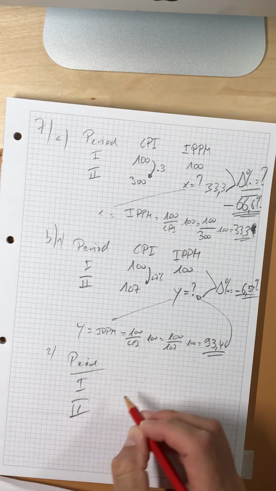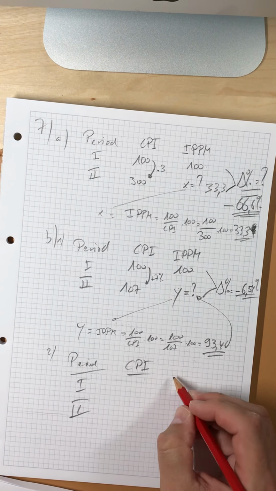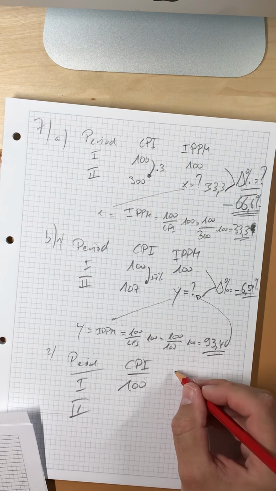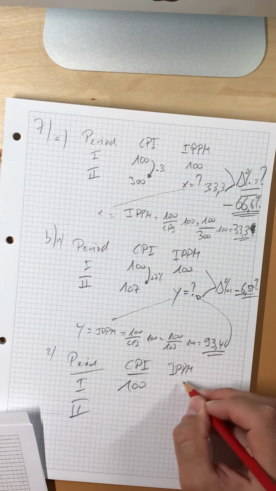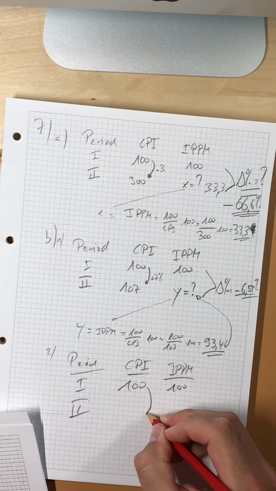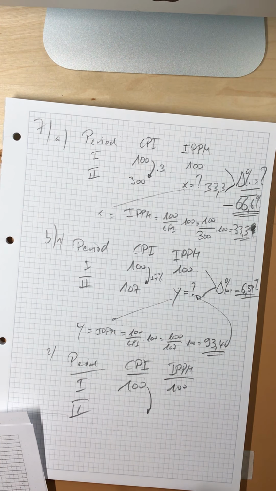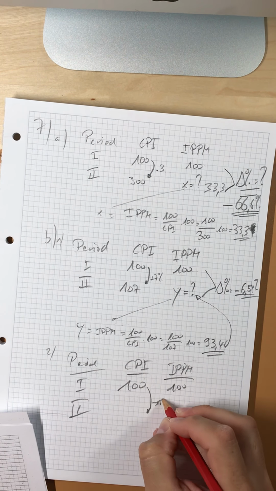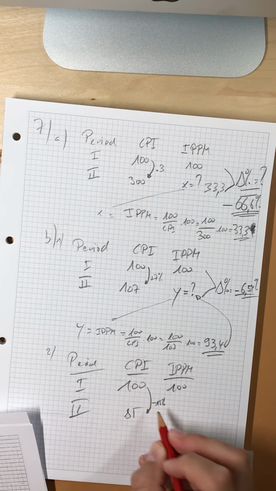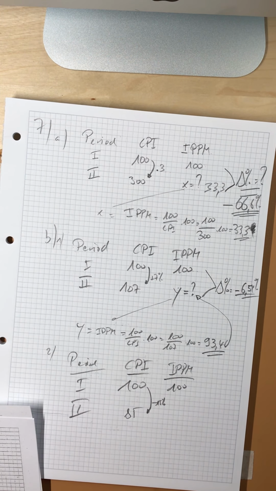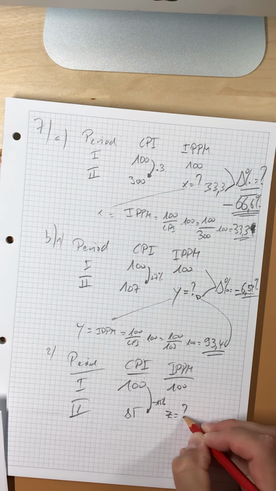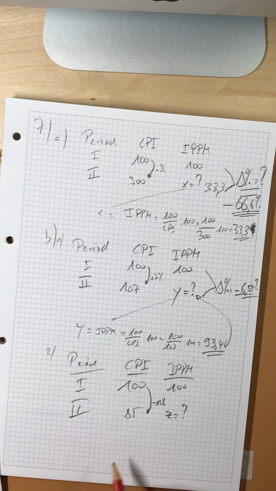Question 2, period 1, 2, the CPI. It's always the same case, so CPI is equal to 100, IPPM to 100, and in that case it's written that we are losing, deflation by 15%, so minus 15%. So new CPI is equal to 85, and the question is to calculate Z, the value of the IPPM.